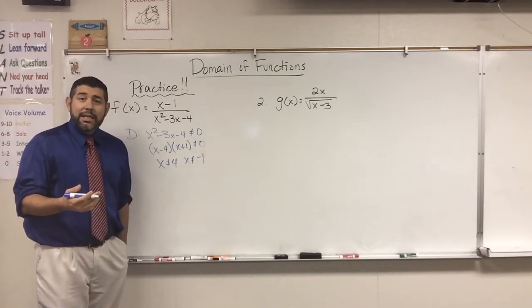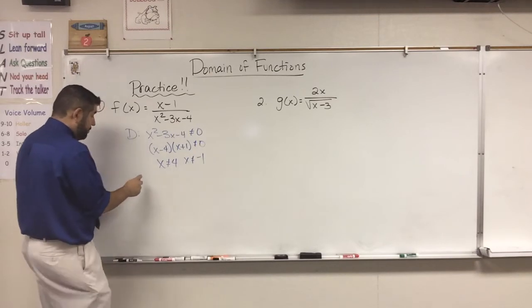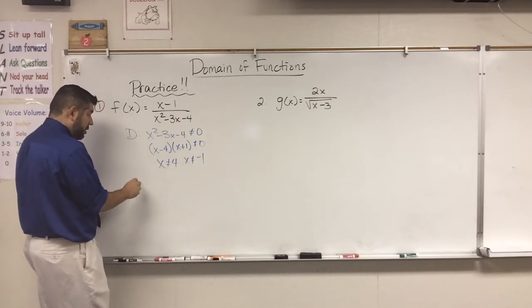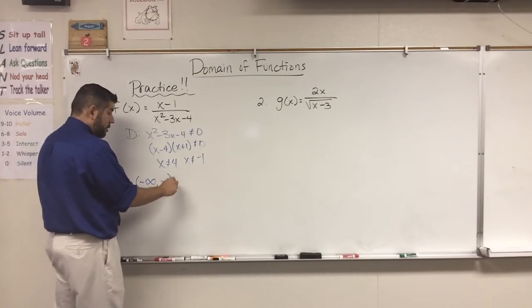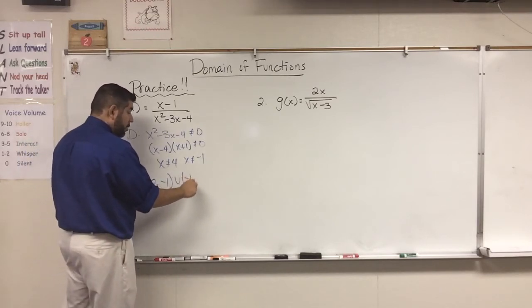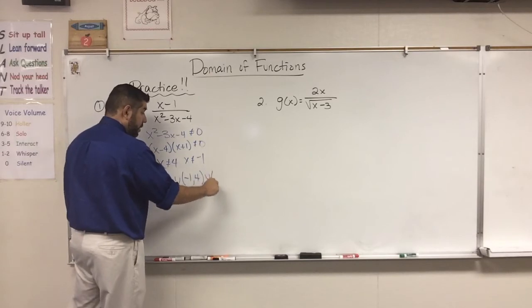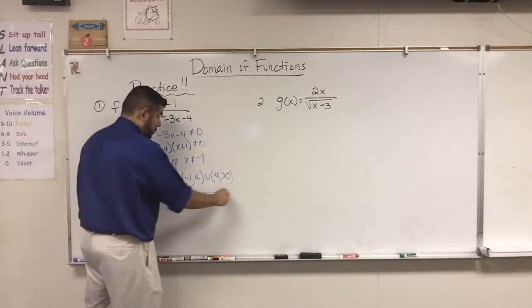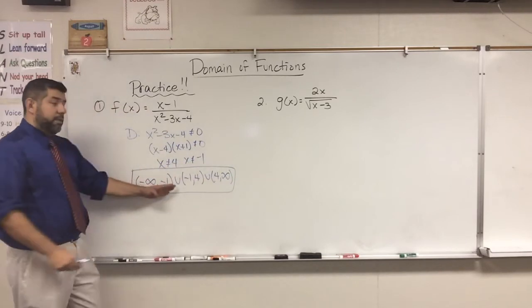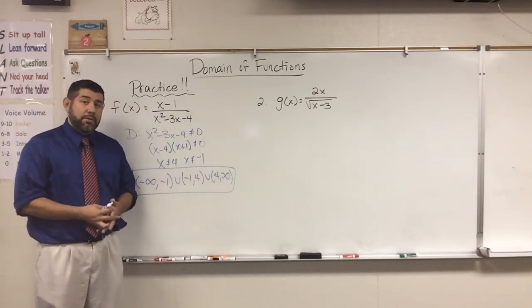And we're going to write this in interval notation. So we have negative infinity to negative 1, then negative 1 to 4, then 4 to infinity. All right? And they're all open parentheses because none of those values is included.